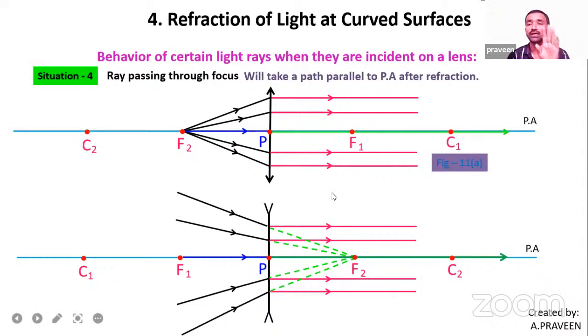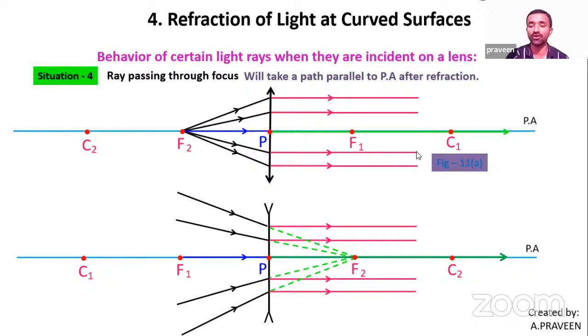So these are the situations, and we can use them in ray diagrams to explain the characteristics of the image obtained by the lenses, right? In that we can use them.